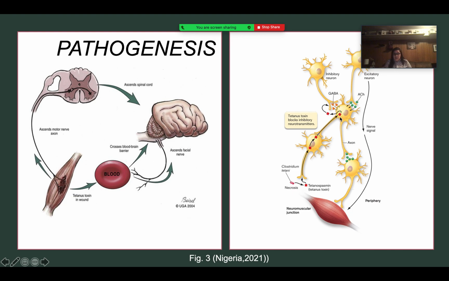Once inside the neuron, tetanus toxin cannot be neutralized by antitoxin, and the toxin blocks the release of the inhibitory neurotransmitters glycine and gamma-aminobutyric acid in the central nervous system, leaving the excitatory nerve impulses unopposed, resulting in muscle spasms.